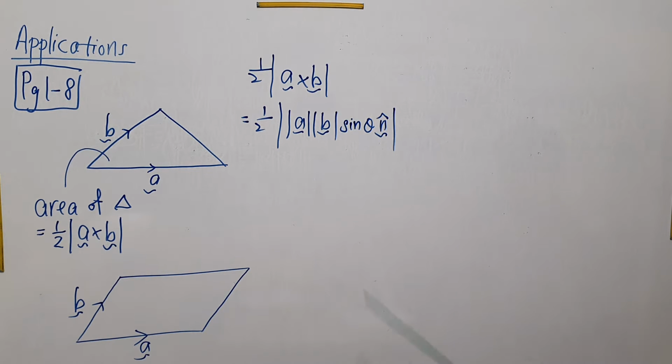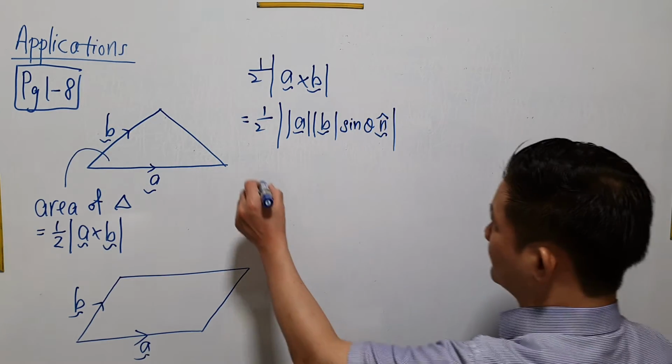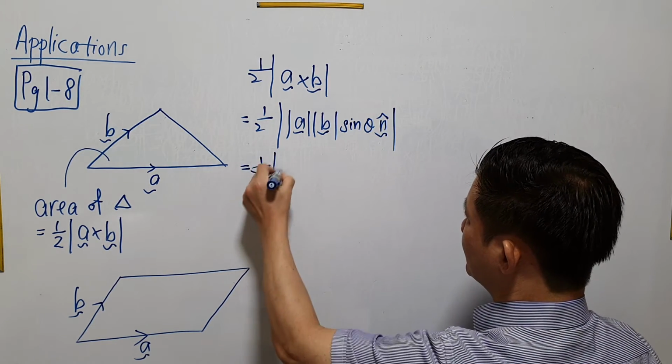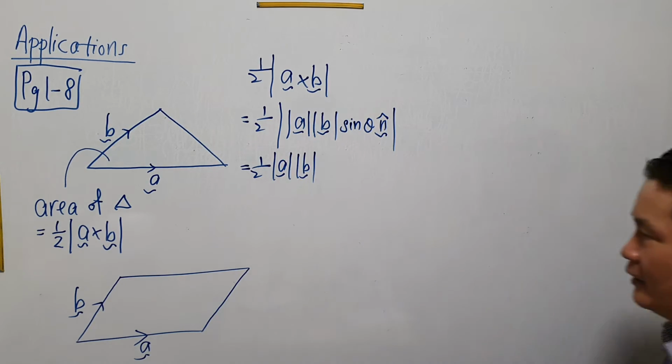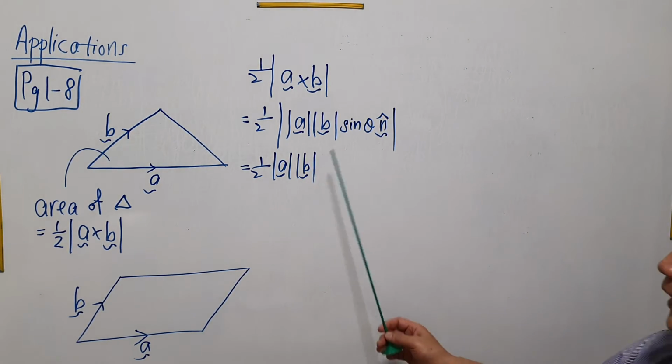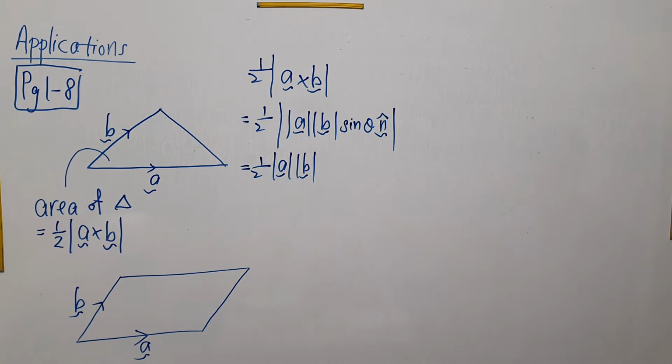Now, because this is a numeral and this is a numeral, I can pull them up. I got magnitude of A, magnitude of B. Now, for the angle between two vectors, this angle is at most 180 degrees or at most pi.